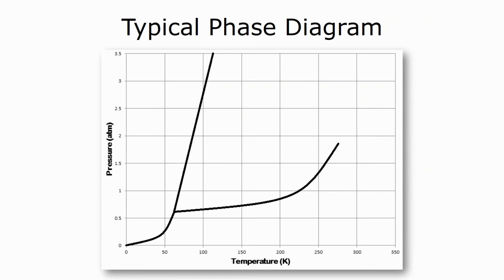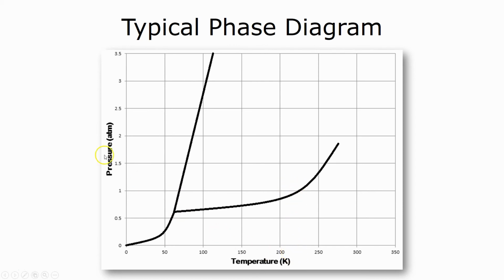Now this is what your typical phase diagram may look like. You have your pressure, in this case atmospheres, on your y-axis, and temperature on the x-axis, in this case in Kelvin. Usually the line between solid and liquid leans a little bit to the right, and you can determine, say, at 1 atmosphere that the melting point is around 60 or 70 Kelvin, and the boiling point at 1 atmosphere is about 225 Kelvin.